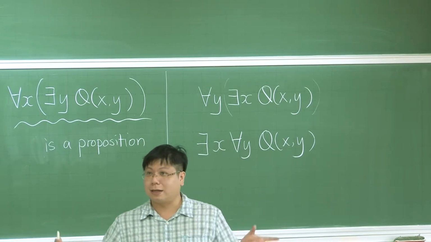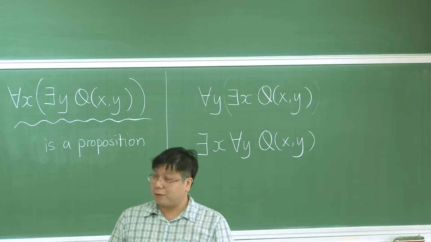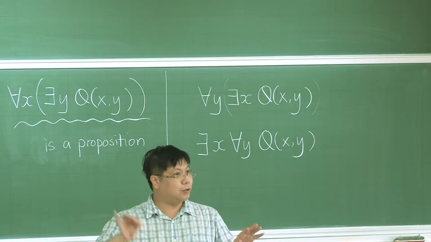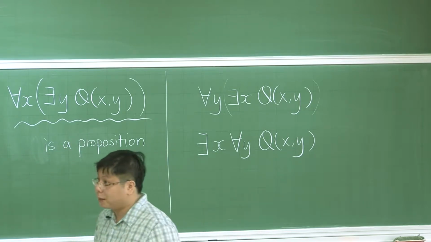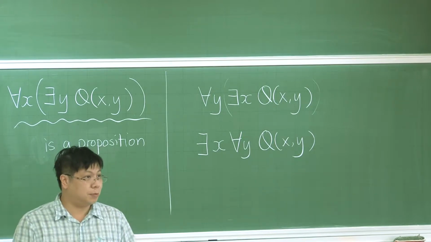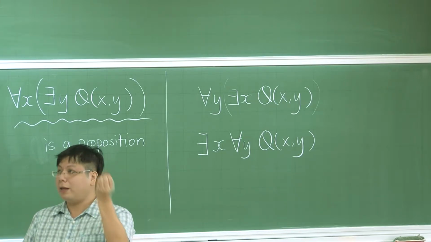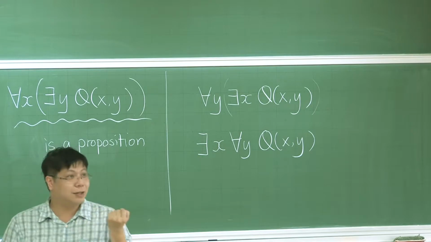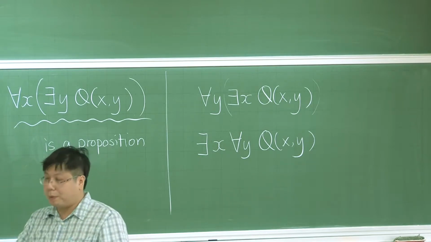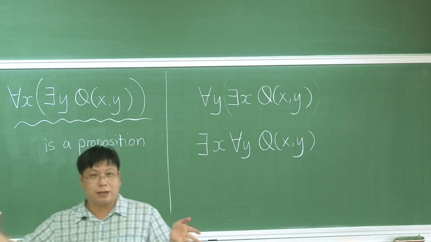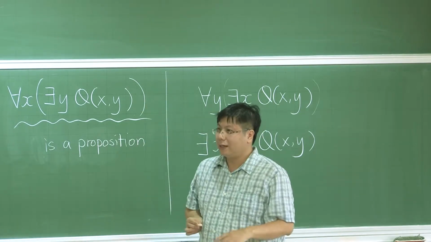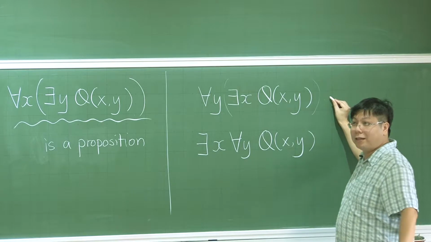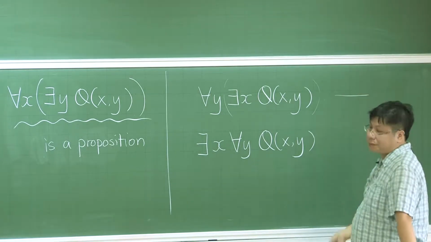In plain English, it is saying everyone has a mother. Is that okay? But there could be more than one mother, but at least one mother. Okay, so this is the meaning of the first one.